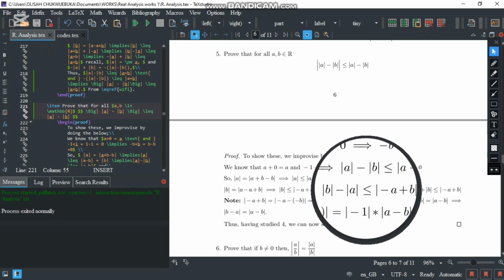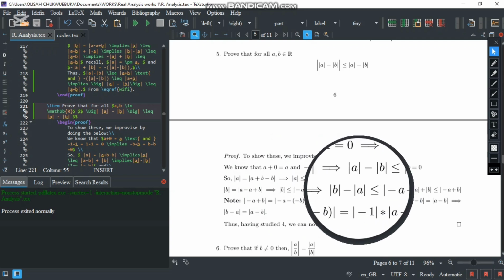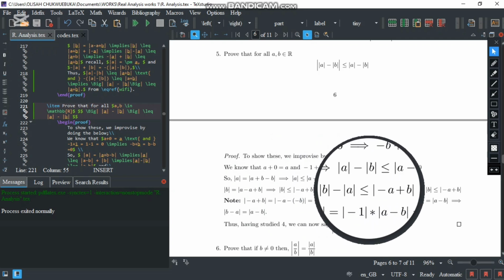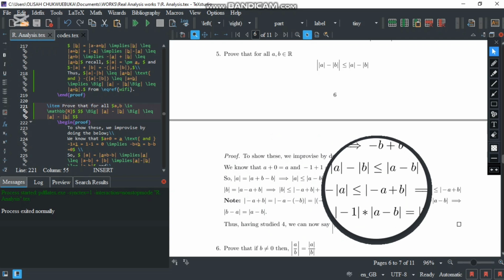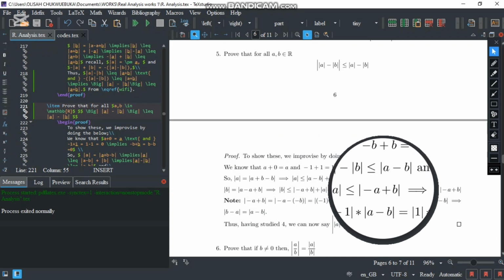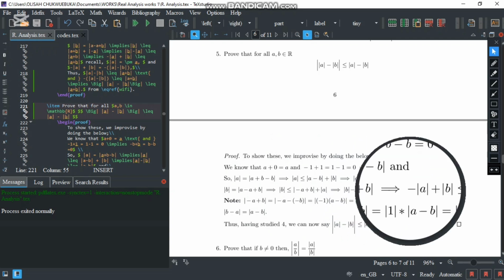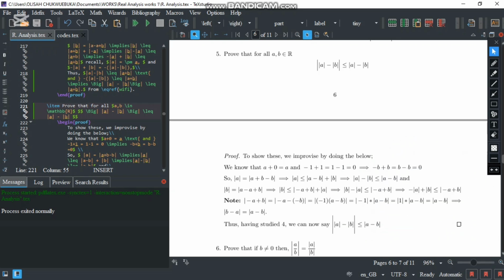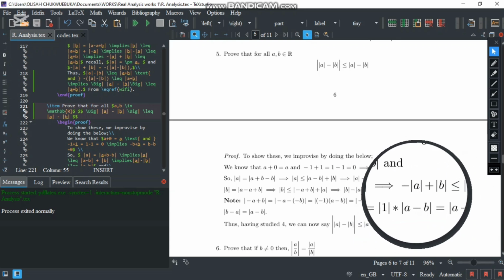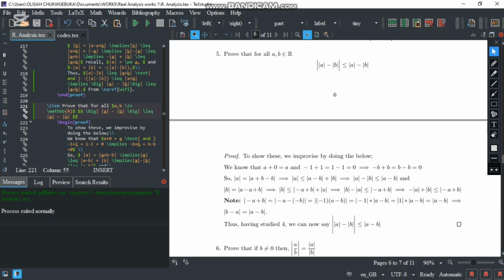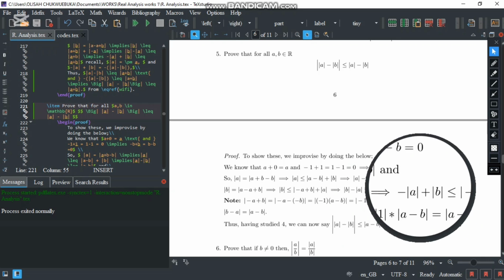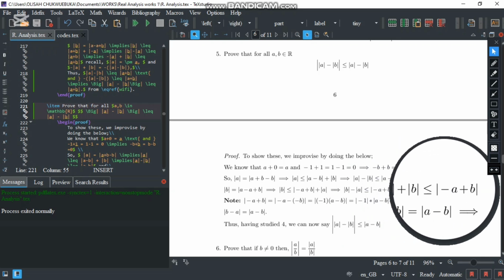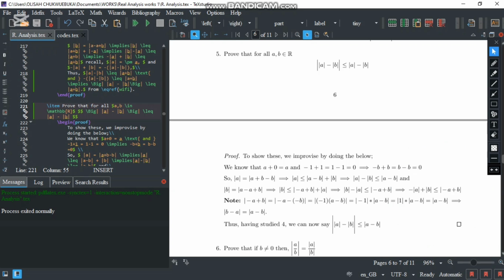The absolute value of b minus the absolute value of a is less than or equal to the absolute value of negative a plus b. Now we are going to recall.